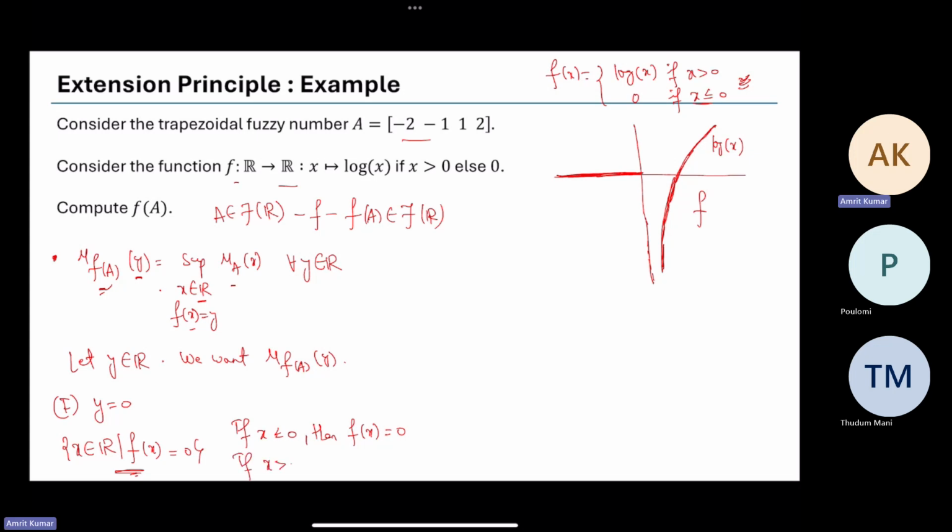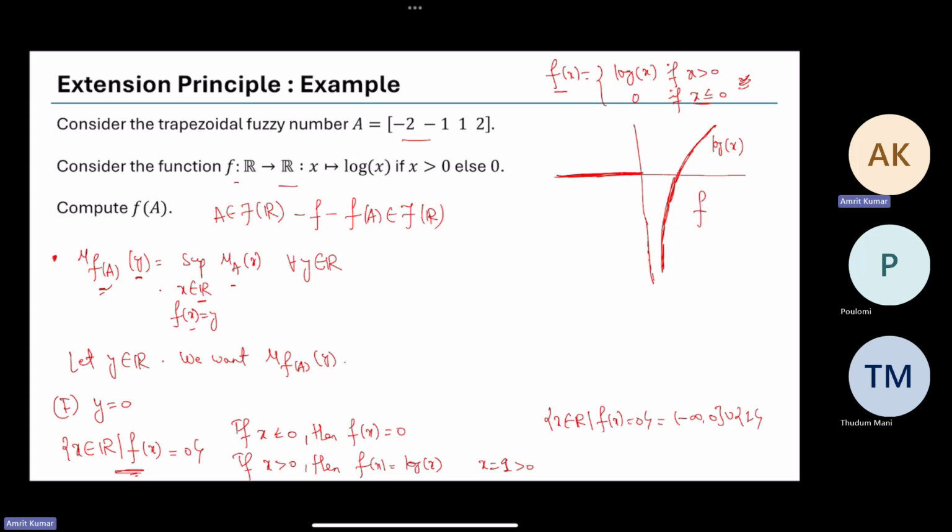And suppose x is greater than 0, then we know that f of x is equal to log of x. So when is log of x 0? It is 0 at 1. And 1 is indeed greater than 0, right? So this set of all x such that f of x is equal to 0 becomes this set.